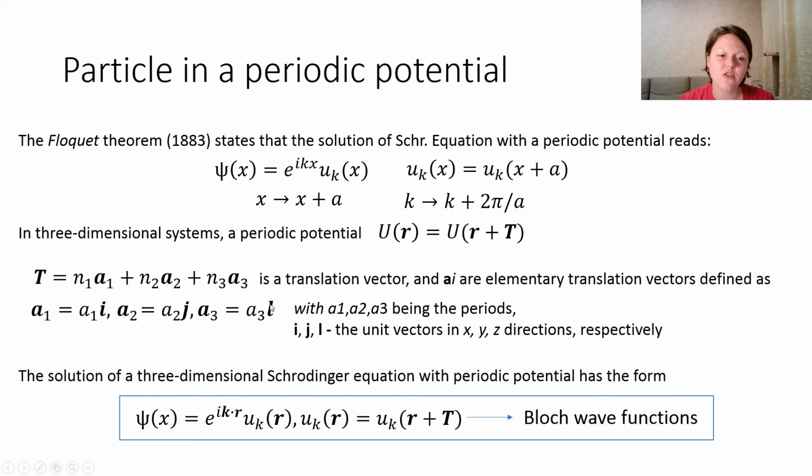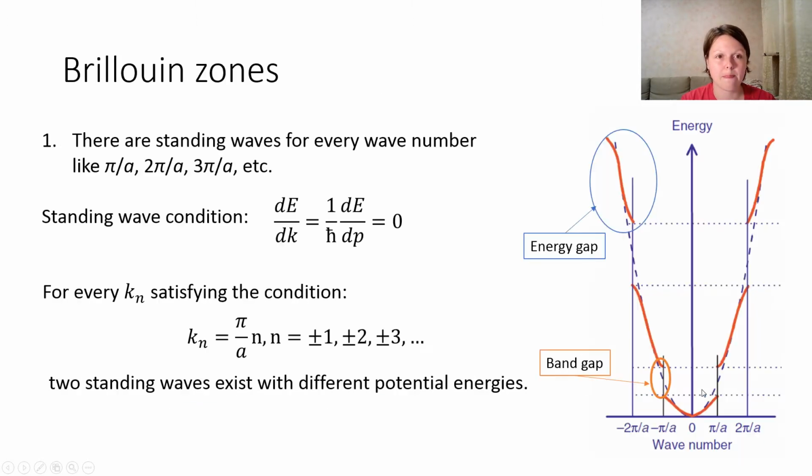The solution of the three-dimensional Schrödinger equation with the periodic potential has this form. And this form is named after Felix Bloch and has the name Bloch wave functions. But describing a quantum particle in the periodic potential via these Bloch waves, a number of important properties should be mentioned.